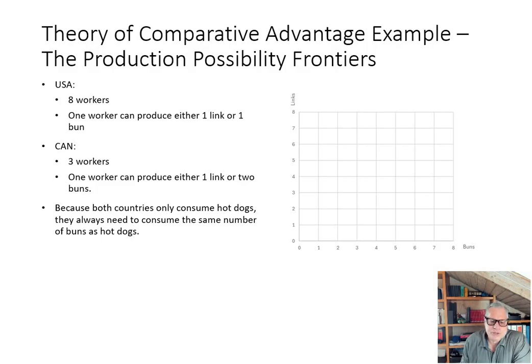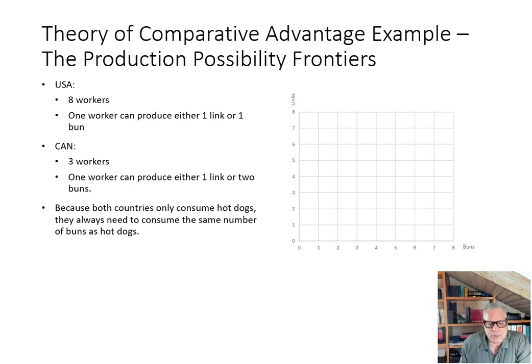So the first question is, how can we allocate the 8 workers? Well, what we could do is we could find a way that all 8 workers only produce, let's say, links. But then I don't have any worker available to produce a bun. But I could have 7 workers produce links and 1 worker a bun, or 4 and 4, 3 and 5, 2 and 6, or 0 and 8.